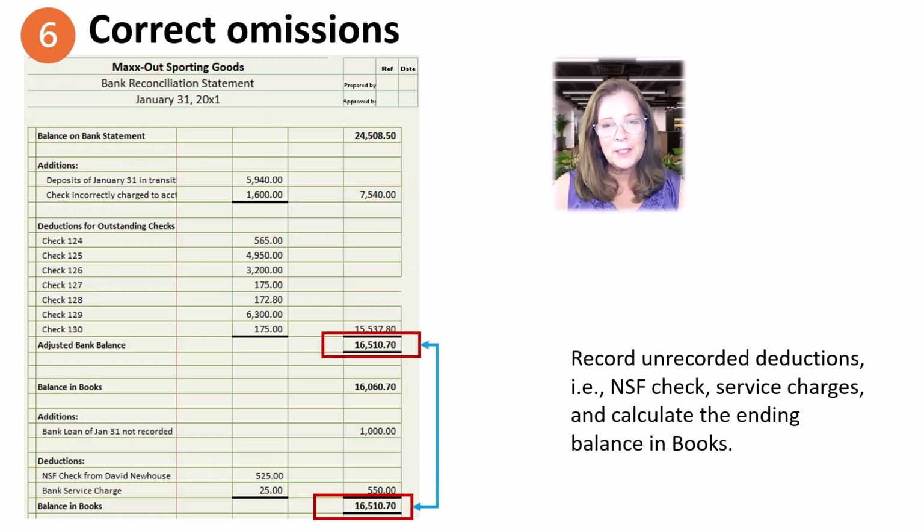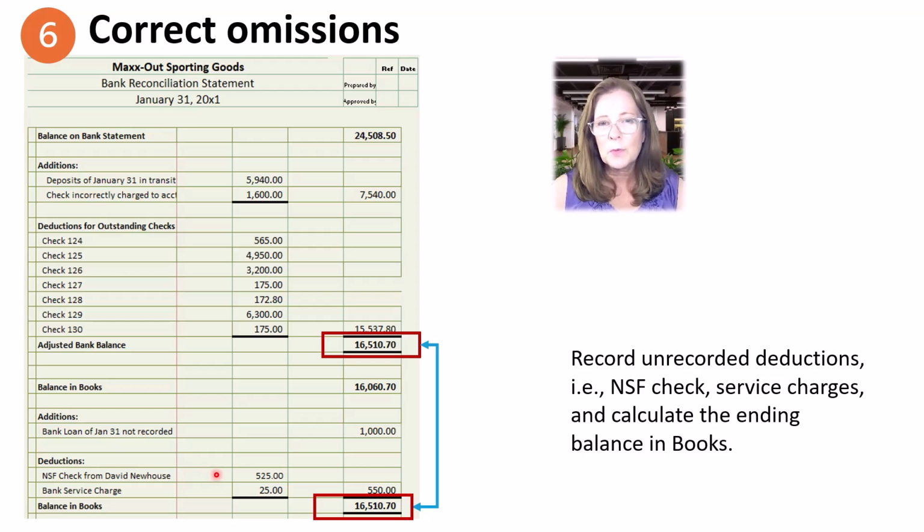Next, we'll complete the deductions section of the book side of the reconciliation. These deductions represent amounts that were correctly recorded by the bank but have not yet been recorded in the company's general ledger. Because the bank has already reduced the account balance for these items, we must also reduce the company's book balance. In this example, we identified two such items. The first is the NSF check for $525.